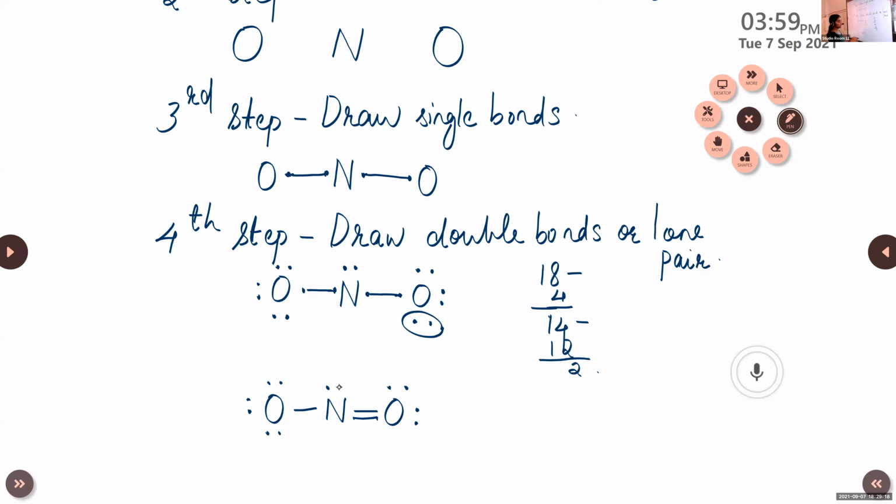Now you can count the total number of valence electrons present on each atom. In the case of the first oxygen, 1, 2, 3, 4, 5, 6. Then along with this bond, 8 electrons. Then nitrogen, 3 bonds are there, so 6 electrons. Then the remaining 2, it will be 8. 8 electrons, right? Here also 8 electrons. And the last oxygen, already 2 bonds, so 4 electrons, and the 4 lone pair electrons, 8 electrons. So this is the correct method of drawing this Lewis structure.